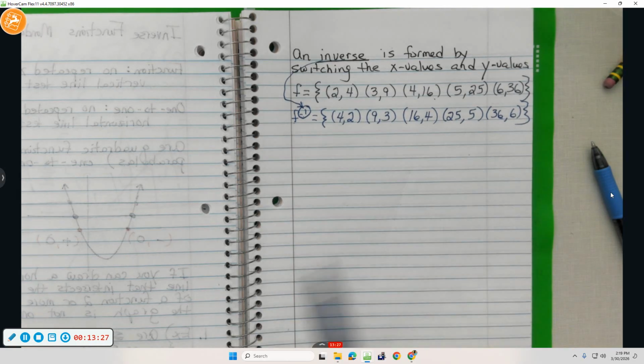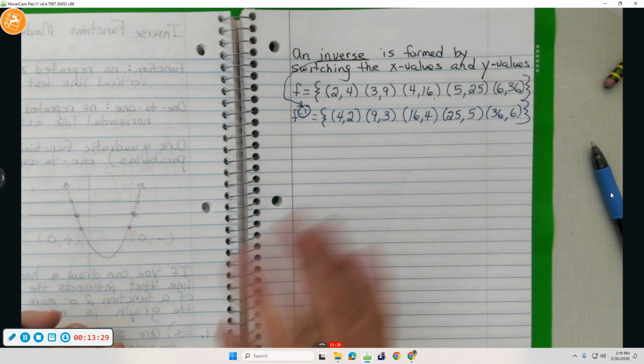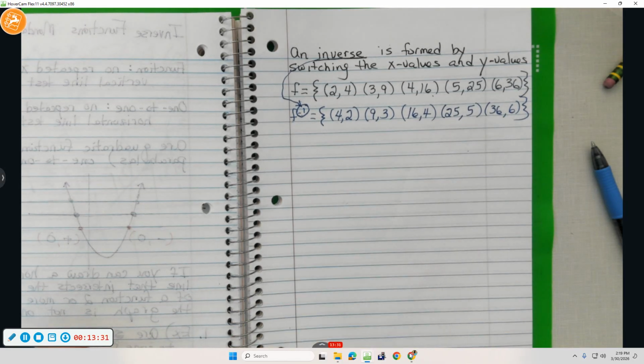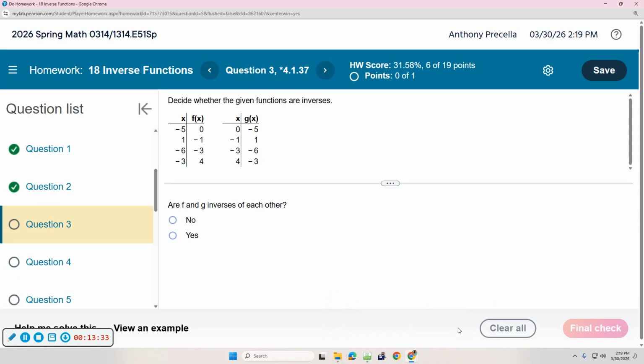Okay? I think problem number 3 is going to be something similar to this. And it's one that you might be able to do without writing anything down. It says, decide whether the given functions are inverses. Are they switching those x and y values? Look really close. -5, 0.